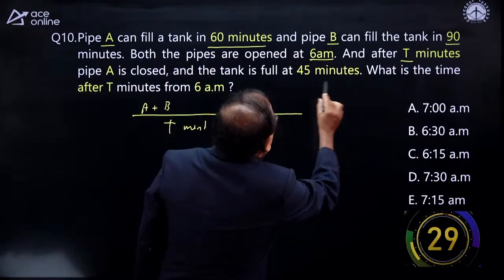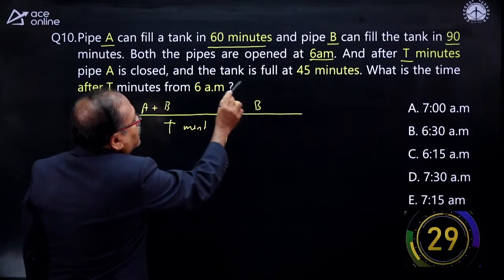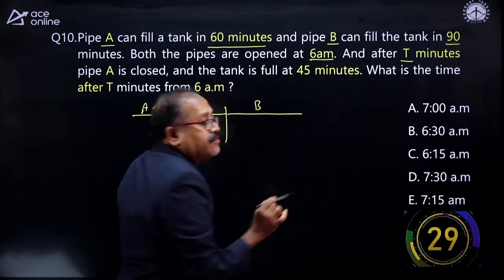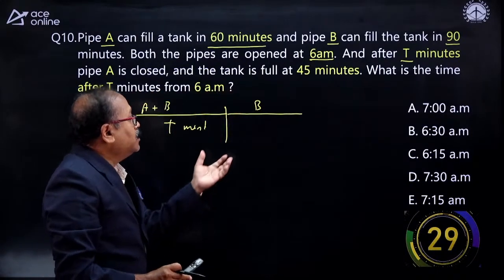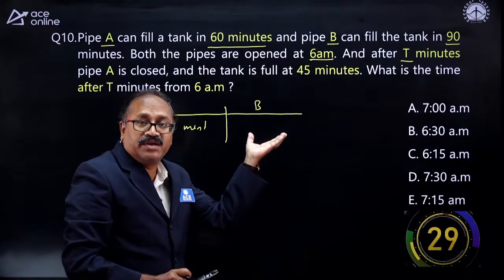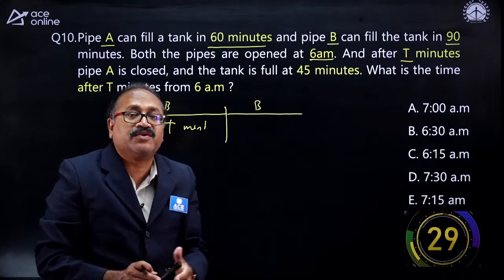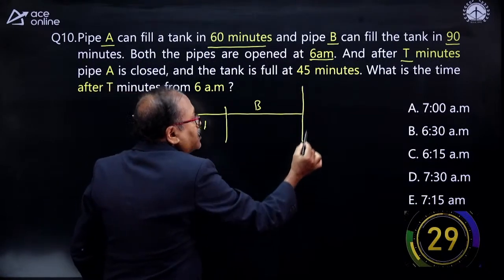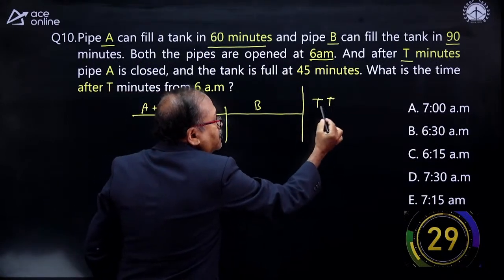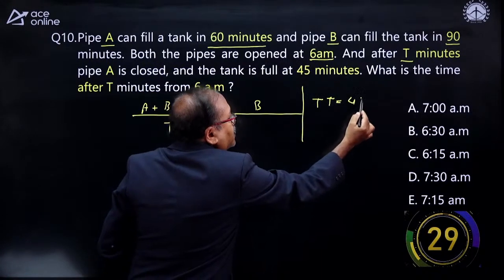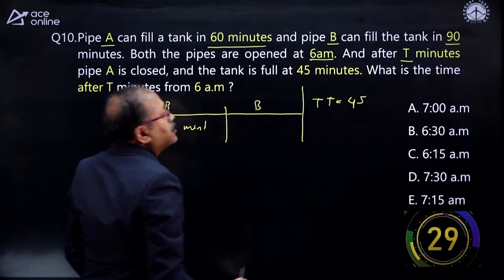Now it says that the tank is filled in 45 minutes. Is the remaining part filled in 45 minutes? No. It is said that the tank is filled in 45 minutes, which means the total time is 45 minutes. This is given to us in the question.